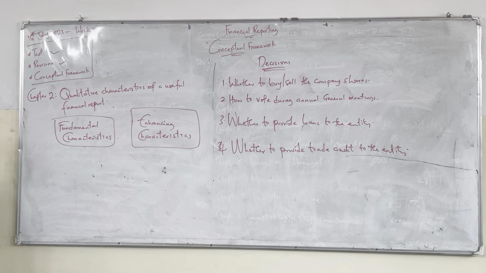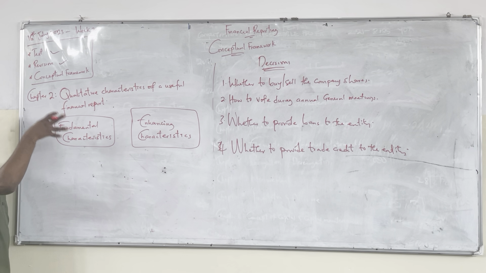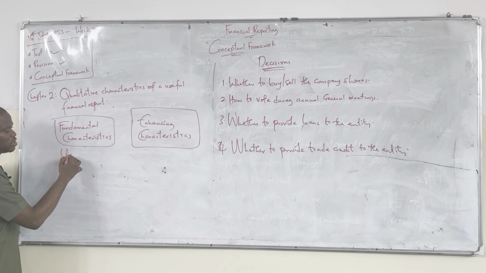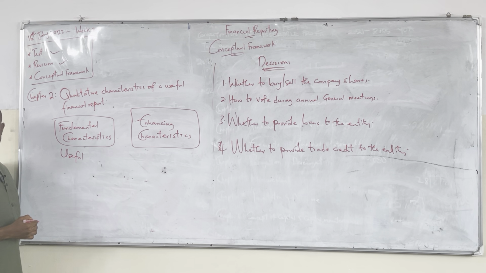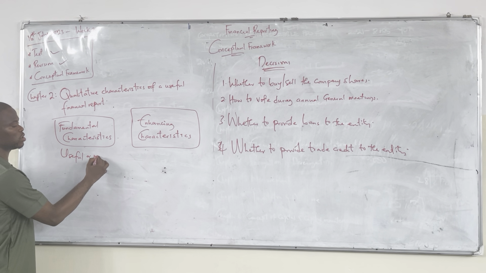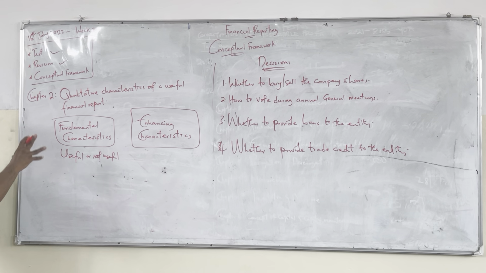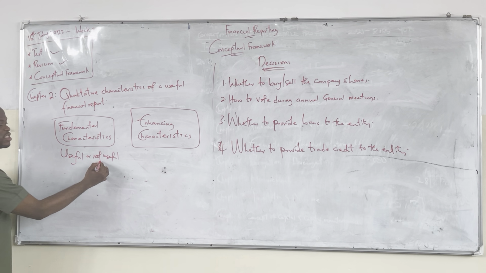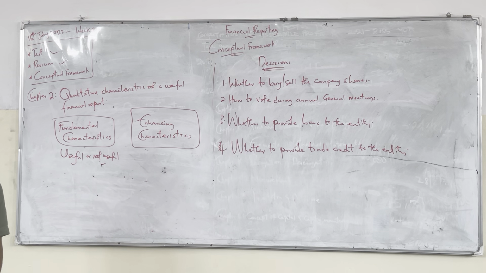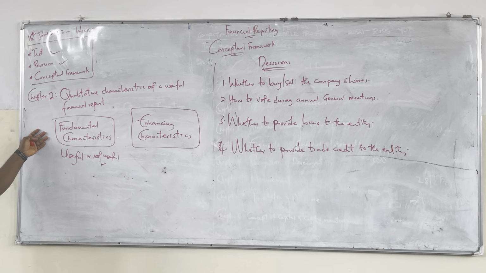So the first one, which is the fundamental, what it simply means is that if it has these characteristics, it's going to make it useful or not useful. So if it has these characteristics, then it will be useful. If it does not have these characteristics, then it is not what? So this is very important. It's either you have it or not. If you don't have these characteristics, that is not a financial report because it's not useful. If it has it, then it's useful.